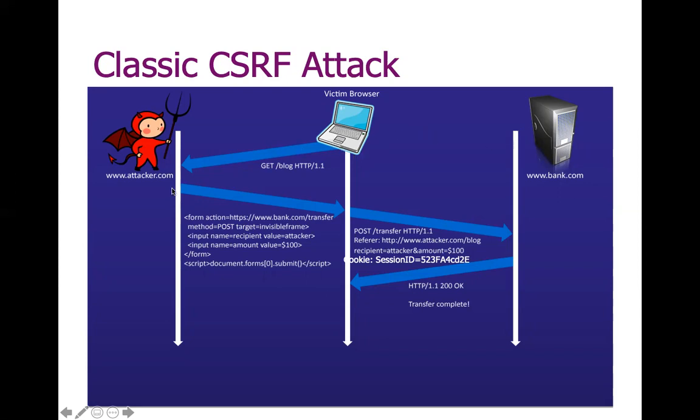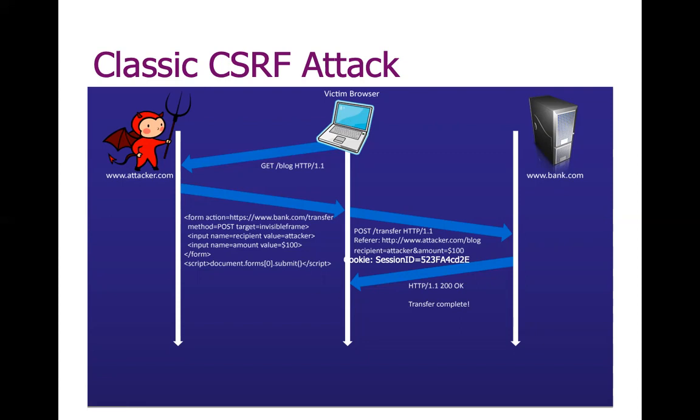The victim is tricked into visiting the attacker's web page, who then sends this hidden content, bank.com/transfer. Transfer is the application, right? The recipient name is the recipient, value is the attacker, and the amount is $100 that's going to be submitted when this is displayed on the victim's browser.